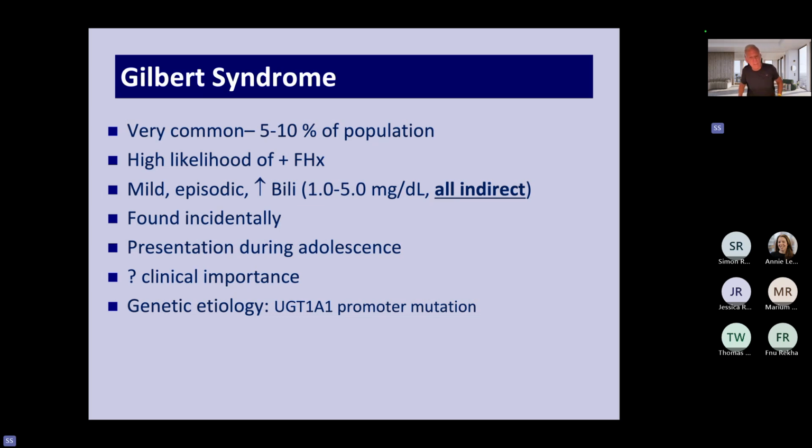Typically presents during adolescence. It's not thought to have any clinical importance, but tends to be uncovered during a time of acute viral illness. If it's not found incidentally, it's found at a time of acute viral illness where all of a sudden the patient or their parent says the child is jaundiced. The genetic etiology here is a mutation in the promoter of UGT1A1.